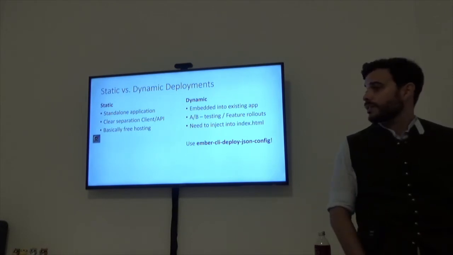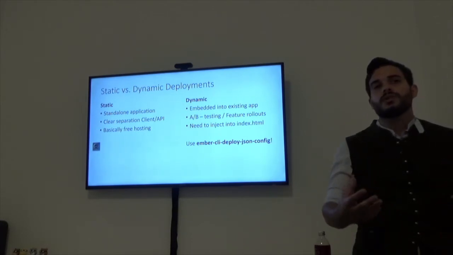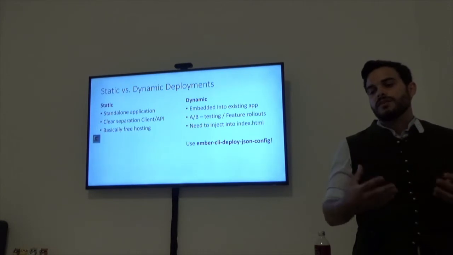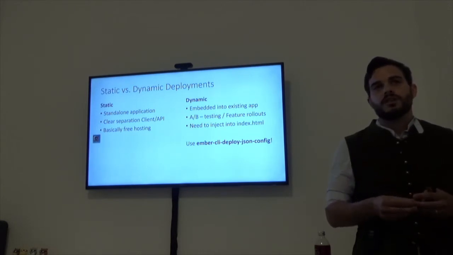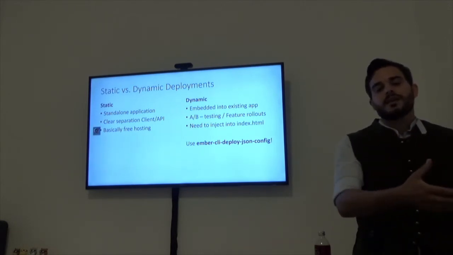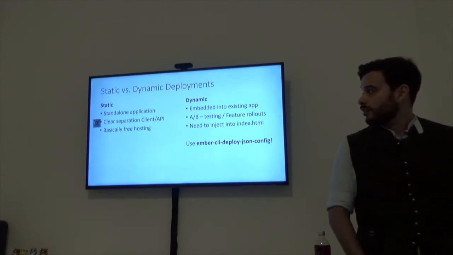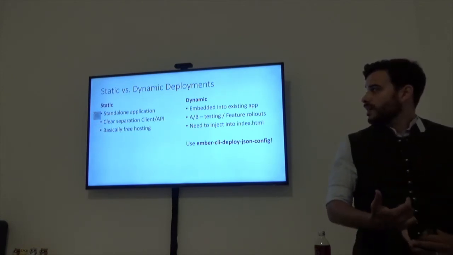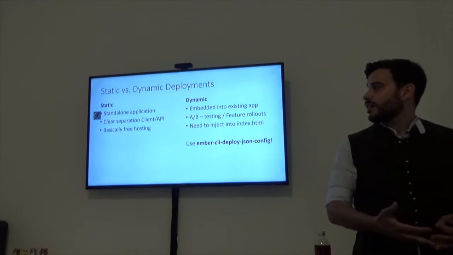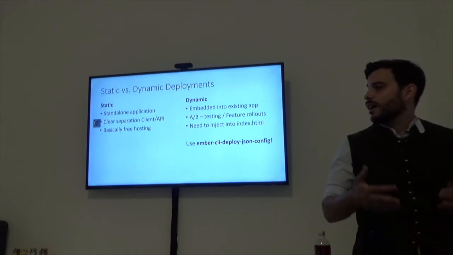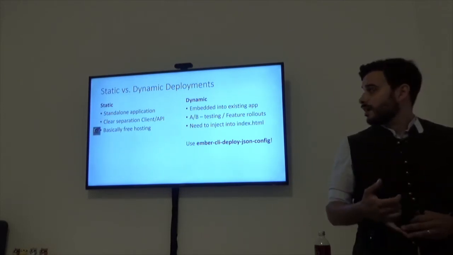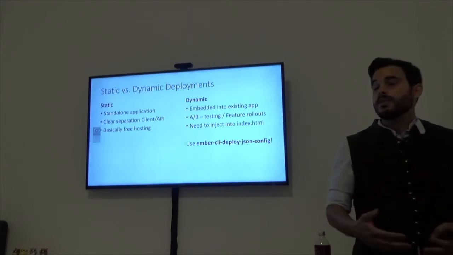Because your server serves the index HTML up, you can decide what revision of your application you actually want to show a user based on some information about the user or whatever. So that's nice for A/B testing, and you actually need to do that if you want to do A/B testing, unless you use some smarter CDN like Fastly. But Fastly is pretty expensive.